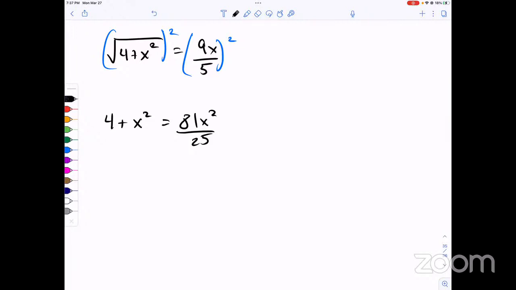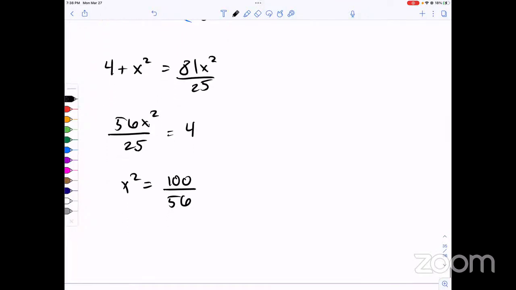So then we'll get 56x squared over 25. I guess we can leave it as equal to 4. If we multiply by the reciprocal, x squared equals 100 divided by 56. Oh, it's almost a perfect square. 28.